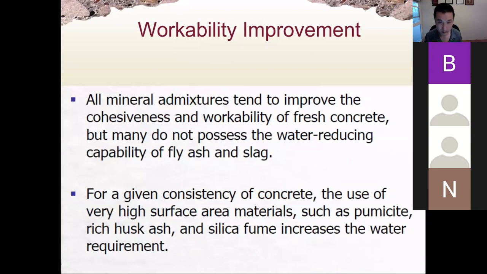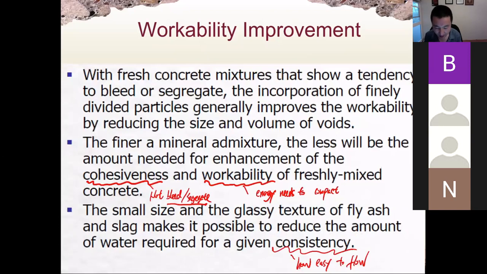Could you repeat what you said for workability again? Workability is defined as how much energy is needed to fully compact the concrete. When we introduce the concrete into the form, most of the time you need to compact the concrete. You either use a steel rod or a vibrator.